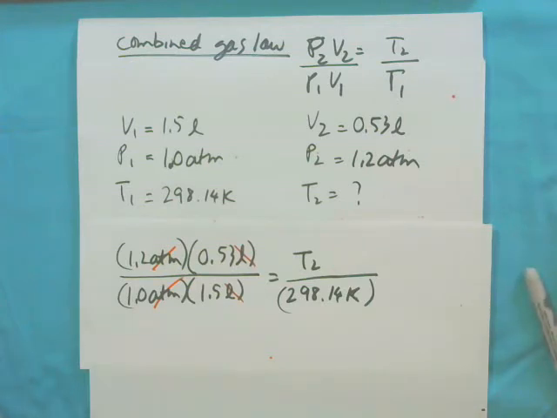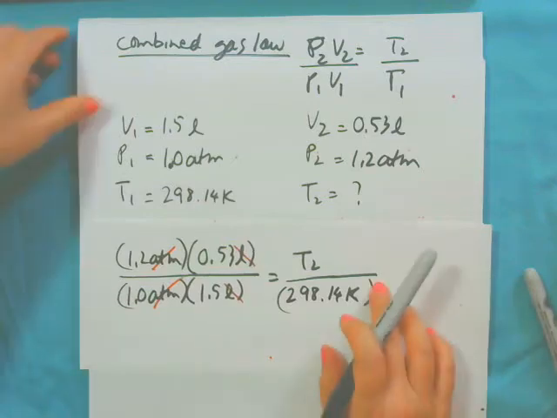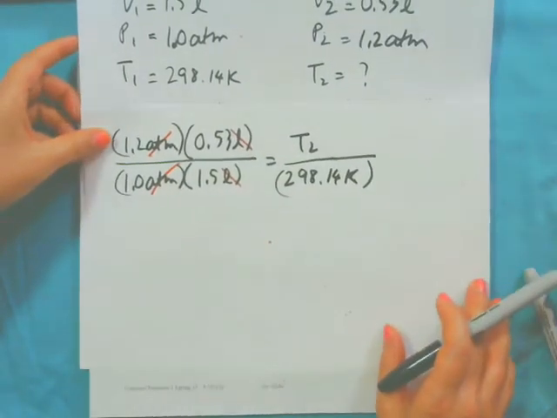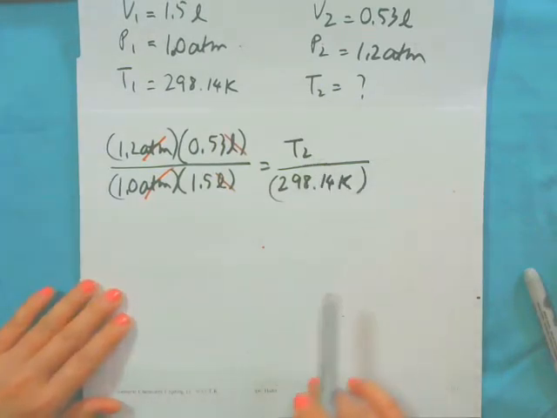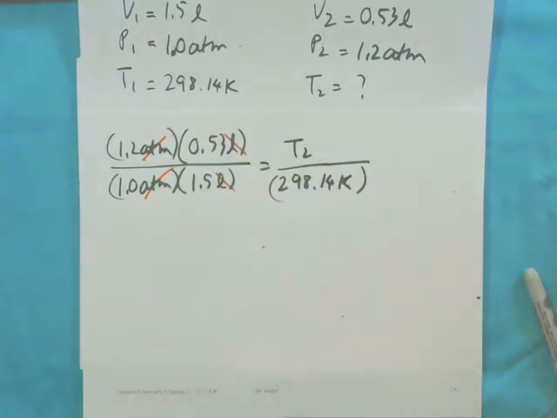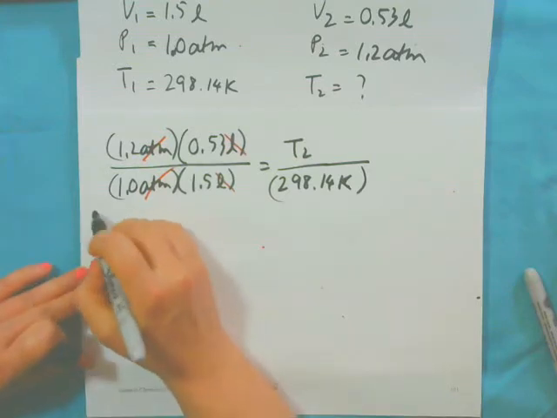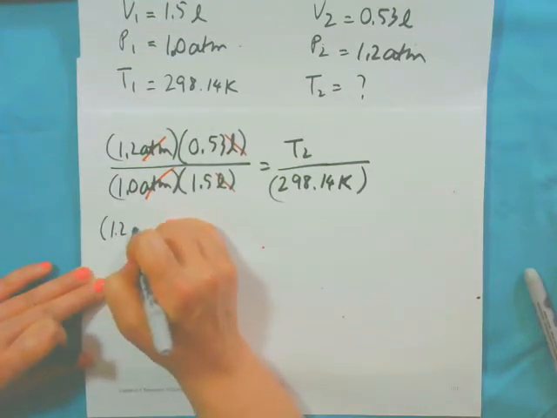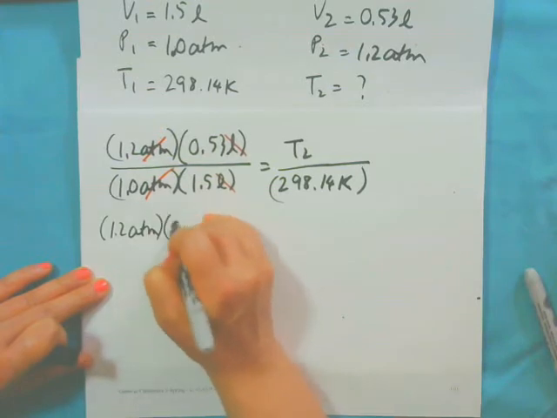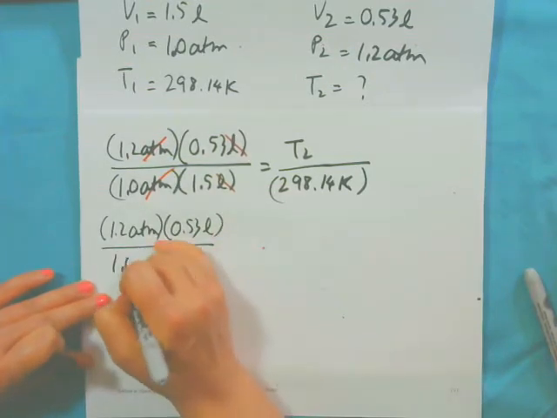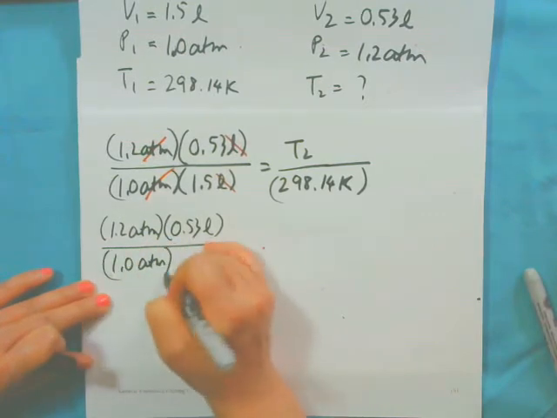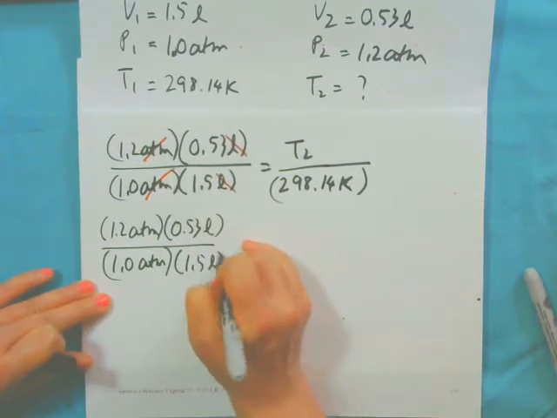So let's go ahead and plug in all the numbers. We'll do a little bit of algebra, a little bit of rearranging. And all we're going to have to do, because we actually put the T2 on top, is multiply both sides of the equation by 298.14. So here we go. We're going to say 1.2 atmospheres times 0.53 liters divided by 1.0 atmospheres times 1.5 liters.